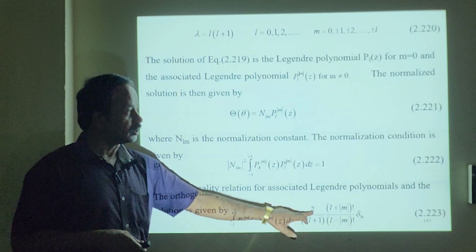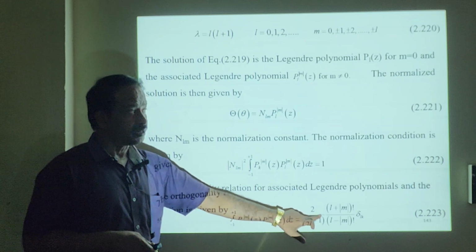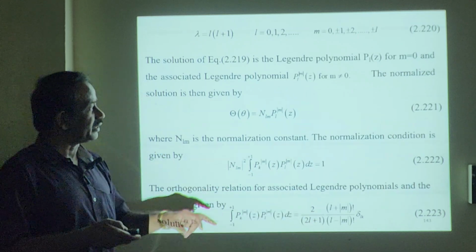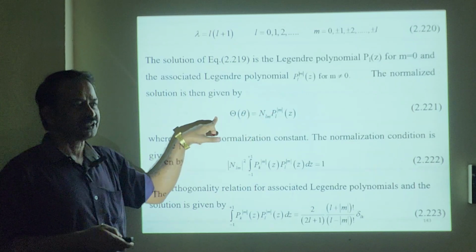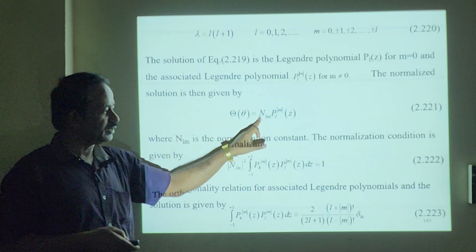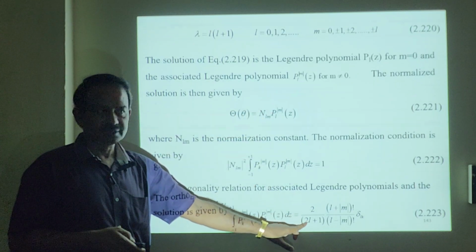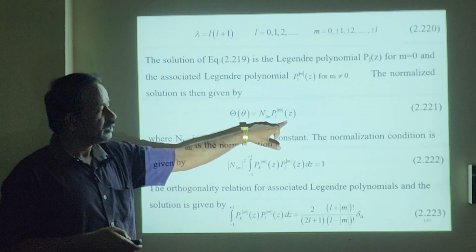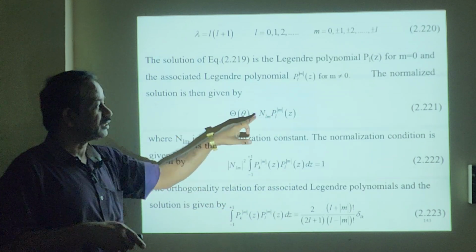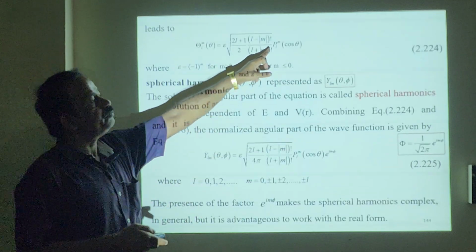So the normalization constant multiplied by this factor, we have already done, that will give you the complete solution. So N_LM we have already found out. Here you have N_LM multiplied by this, which will give you the complete solution. This is nothing but P_LM of cos theta.